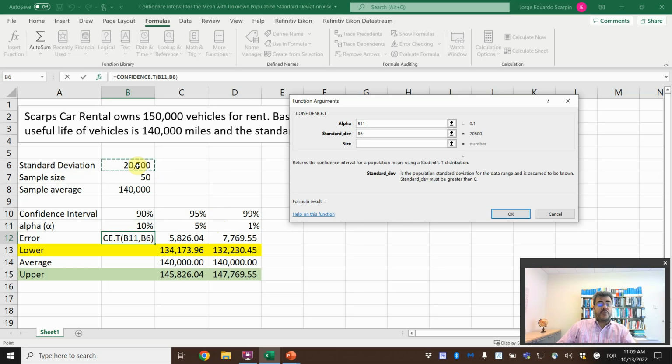Standard deviation, we want this number fixed, so F4. And the sample size. We don't need the mean or the average here, because the average will be useful only for the interval, not for the error.